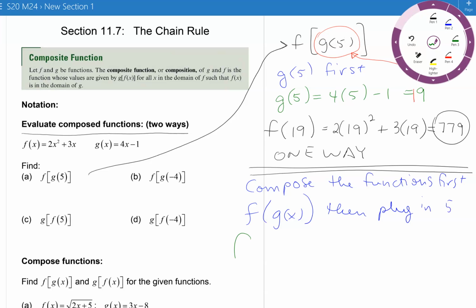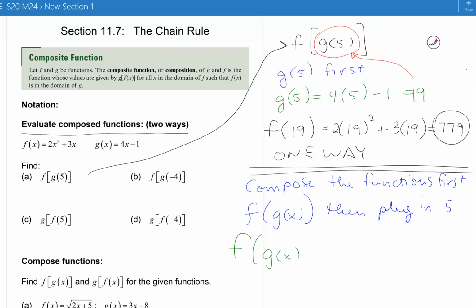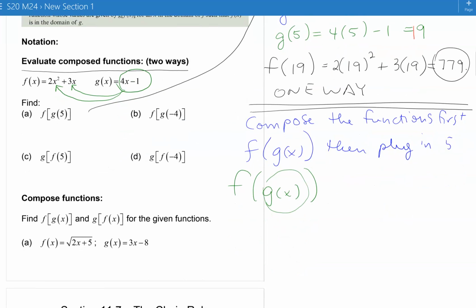This notation, f of g of x, the g is what's inside, so that says you take the g function and you put it in the f function everywhere you see an x. Instead, you put the g function. So you'll have 2 times (4x minus 1) quantity squared plus 3 times (4x minus 1).